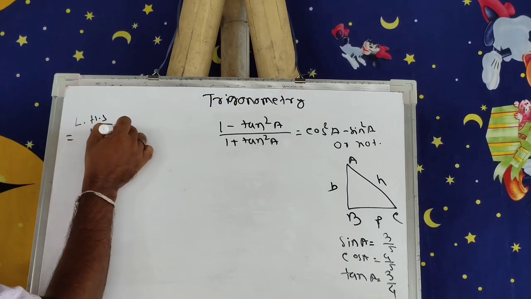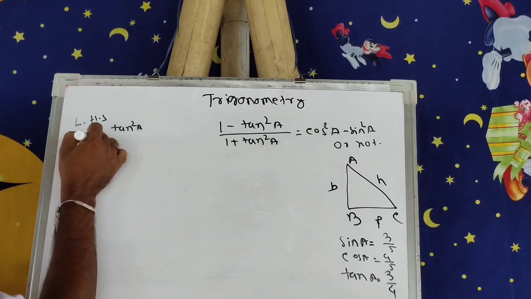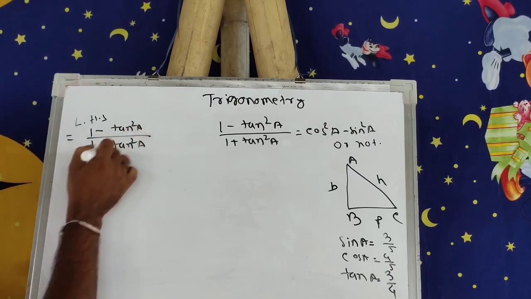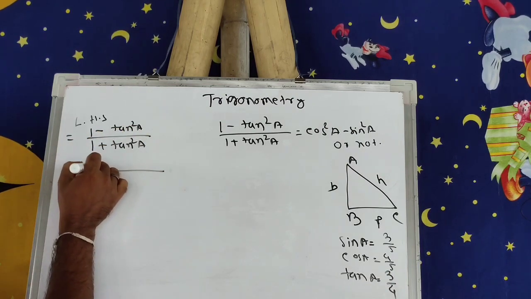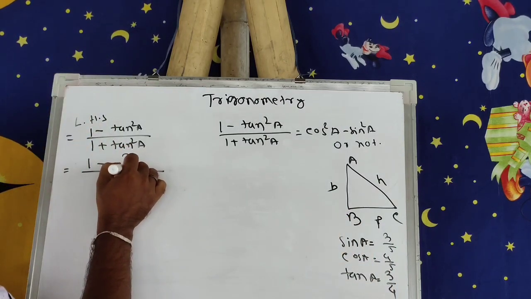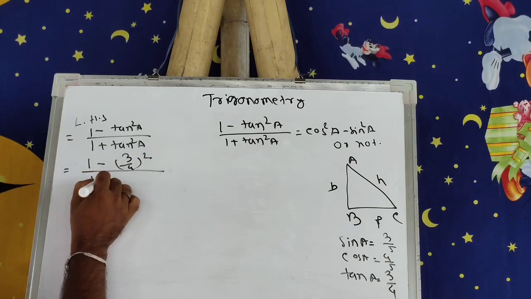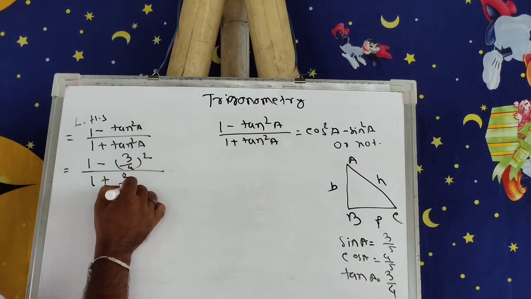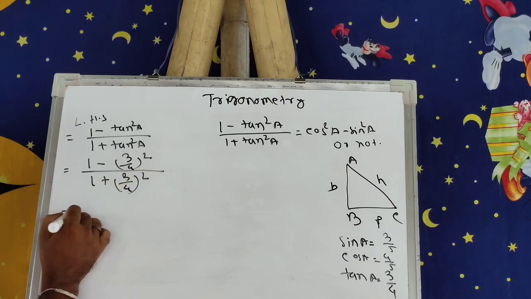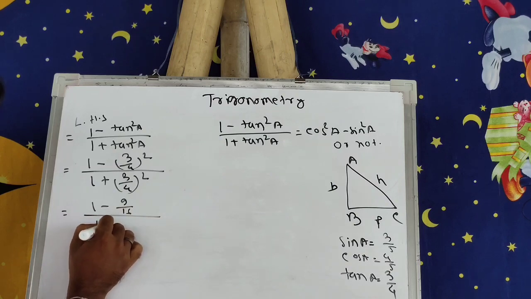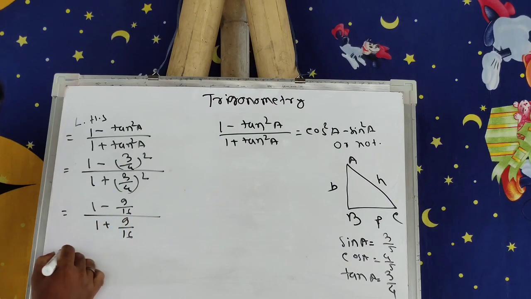1 minus tan square A by 1 plus tan square A is equal to 1 minus (3 by 4) whole square, 1 plus (3 by 4) whole square, equal to 1 minus 9 by 16, 1 plus 9 by 16.